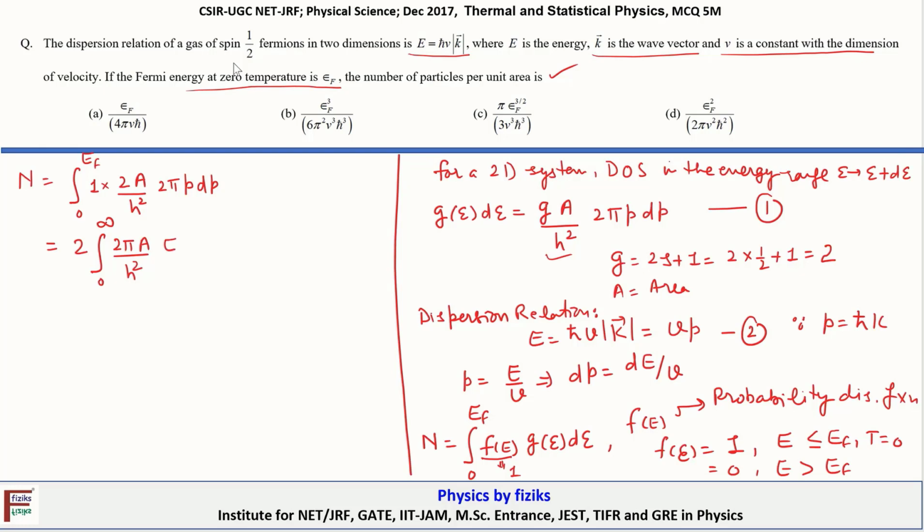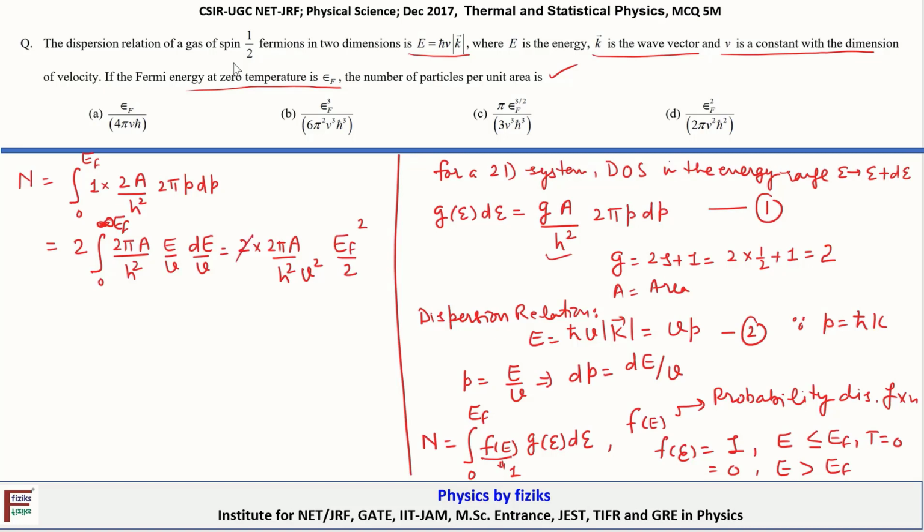So we are substituting the value of p as E by v, and dp as dE by v. After the integration, this turns out to be equal to 2 multiplied by 2 pi A upon h square v square, multiplied by EF square by 2. This EF square by 2 we obtain after integration. Sorry, here the limit of integration is up to EF.